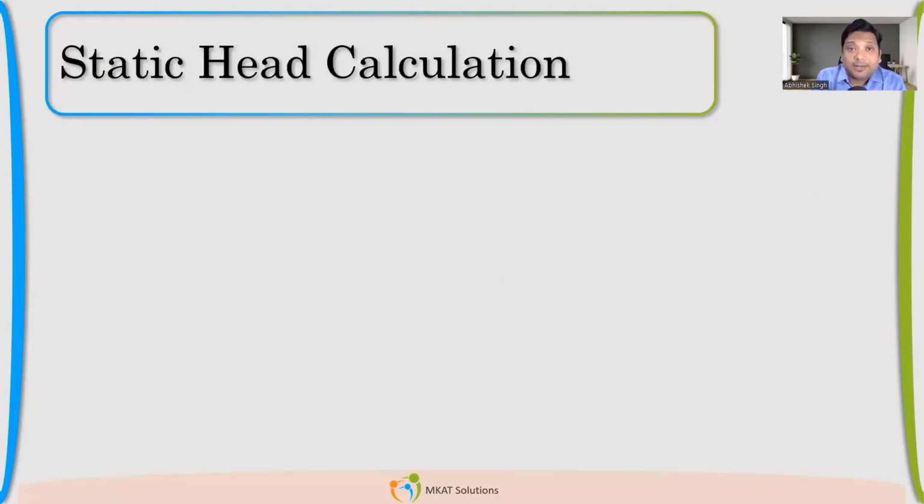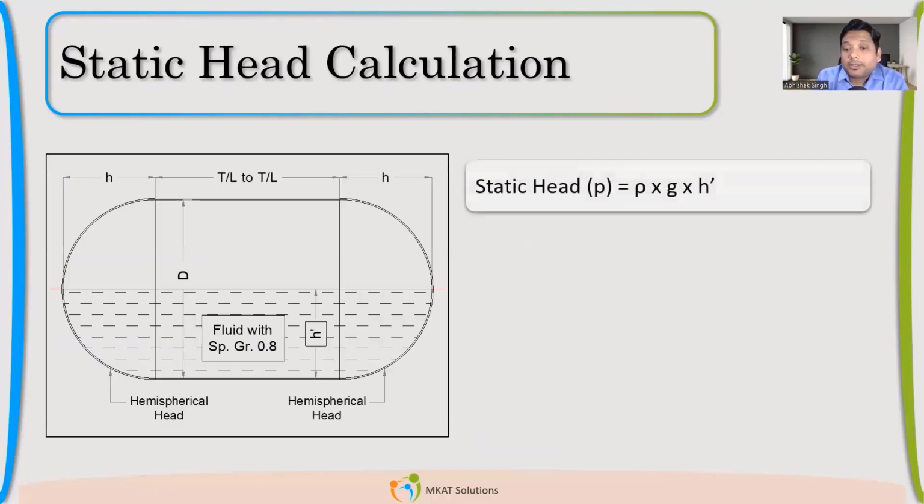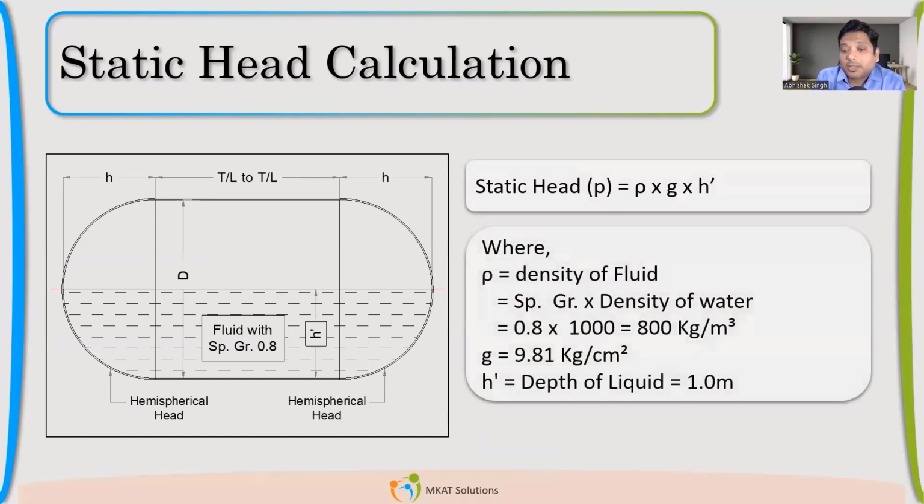So first of all, I have to start with the static head calculation. So static head, we know rho, g, and h, which is the height of that liquid. Rho is the density. We know it's 0.8, and if we multiply with the density of water, we'll get the actual density of the fluid.